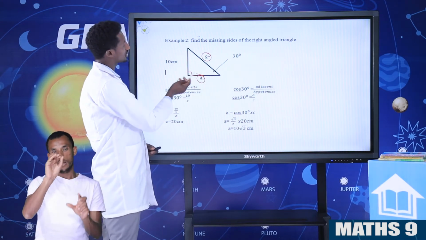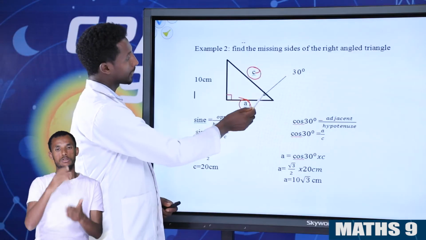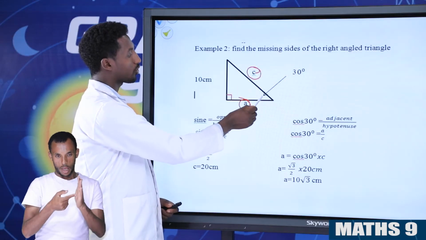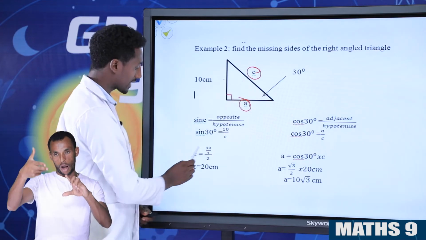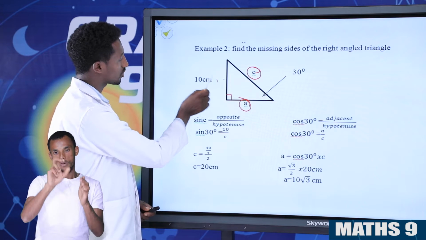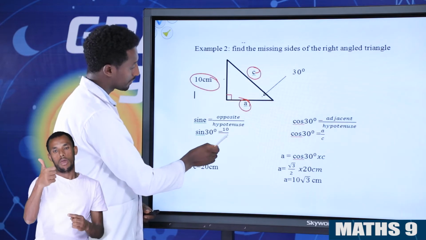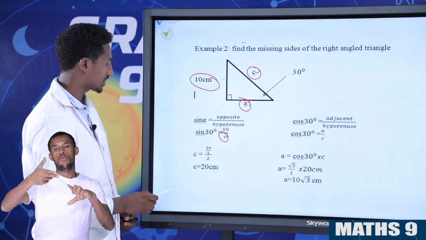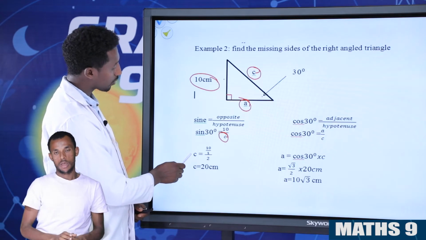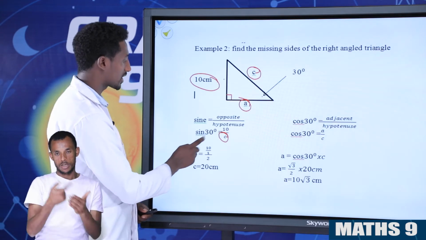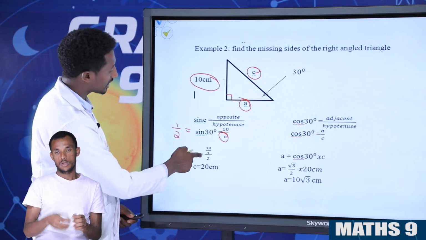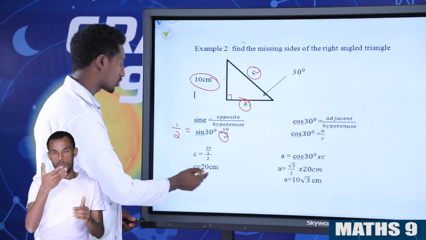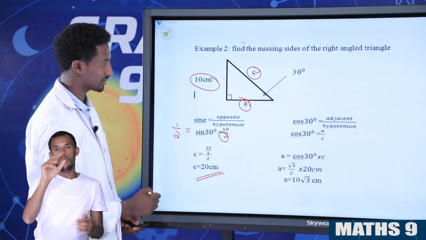To find C, sine of 30 degrees equals, by definition, opposite over hypotenuse. So sine of 30 degrees equals 10 over C, and sine of 30 degrees is 1 over 2. So C equals 10 over 1 over 2, which equals 20 centimeters.